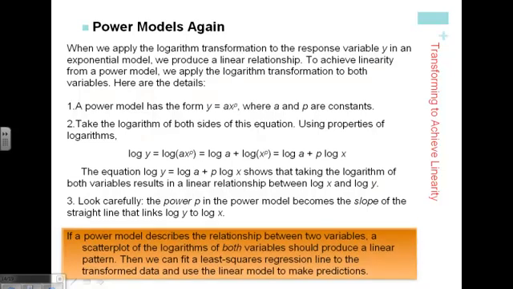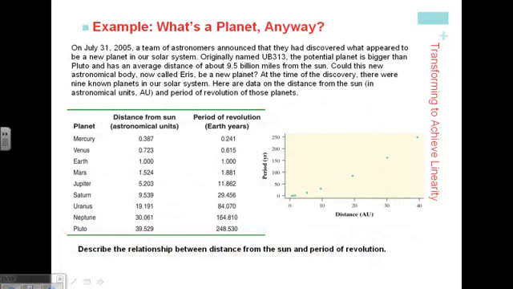So the model, again, describes a relationship between two variables, and we'll find it's a power model if both variables, after being transformed, produce a linear pattern. And then, of course, once we get the power model, now we can make predictions. Given an x, tell me what y is.